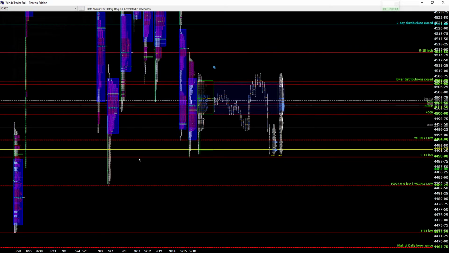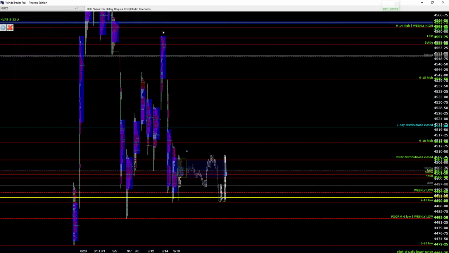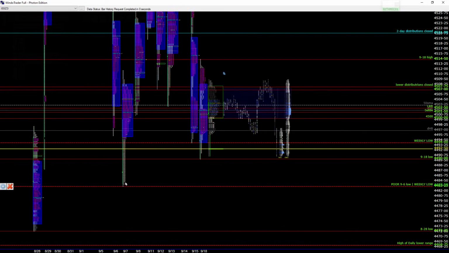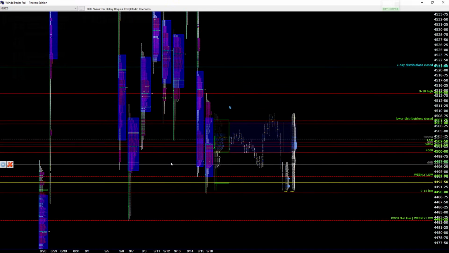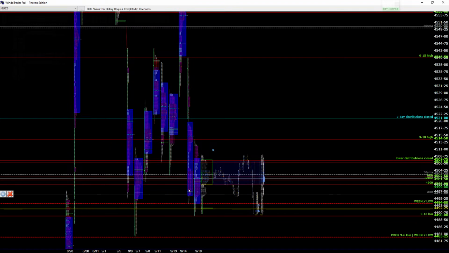Notice also that in the daily, you have this breakout to the upside, falling back into this 6-day or 7-day range now. And the potential destination is this low here, right? While this is a destination, it doesn't have to happen in one day. We were talking about that on Friday.